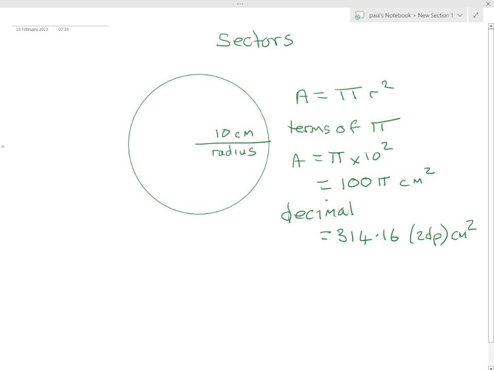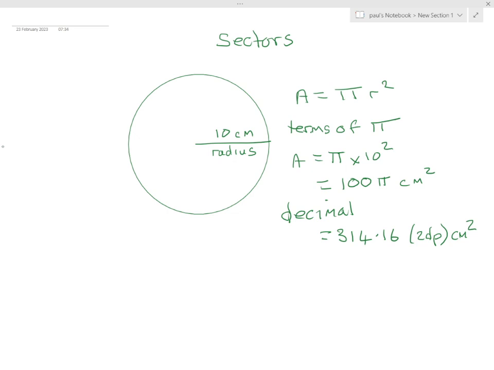So there we are. So that's how to work out the area of a circle. Nice and easy. Pi r squared, either in terms of pi, and you don't have to work anything out really, and in decimal places, use the calculator.